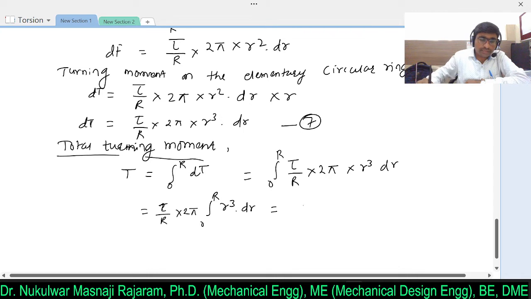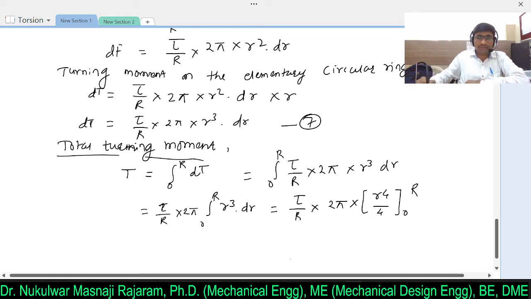So what is the integration of r cube? That is r raised to 4 divided by 4. So tau divided by r into 2 pi into, I will put the limit, r raised to 4 divided by 4, 0 to r. Simple. So this 2 gets cancelled over here.